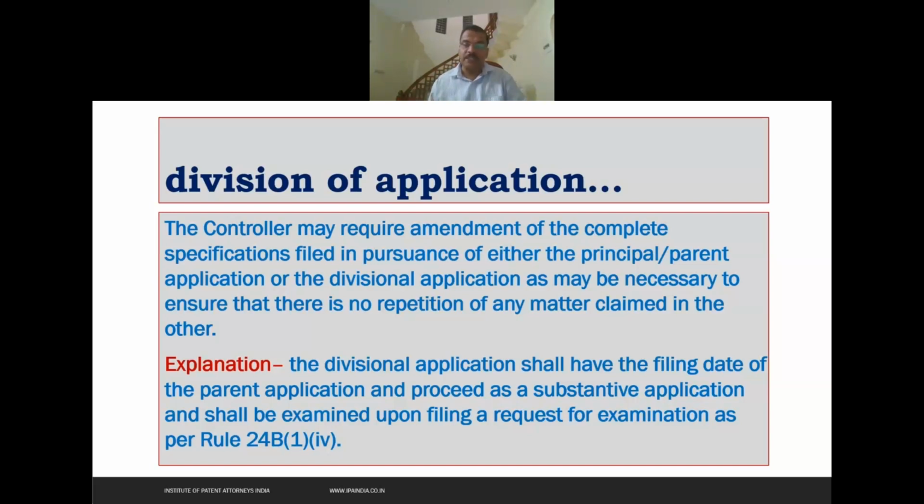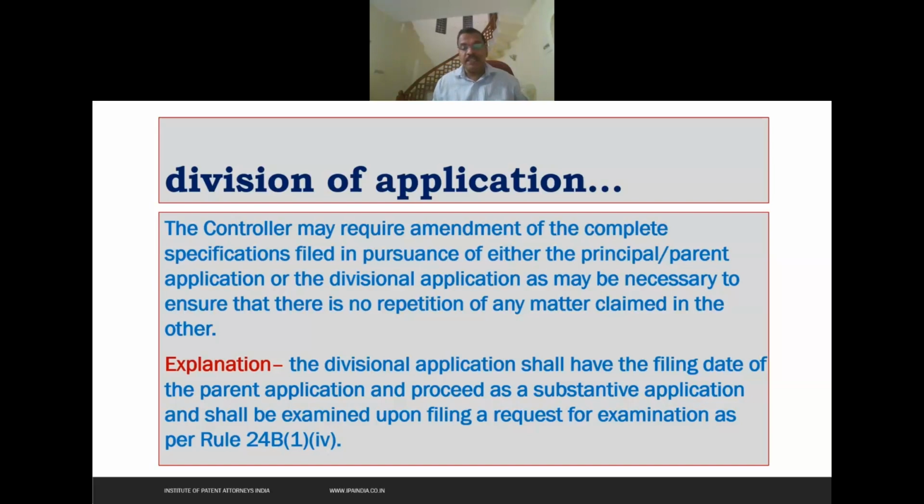I have to cut and paste the relevant part only. Whatever is relevant for the domestic rat trap machine, you have to retain in the parent application. That is why it is very clear that the controller may require amendment to ensure that there is no repetition of any matter claimed in the other.